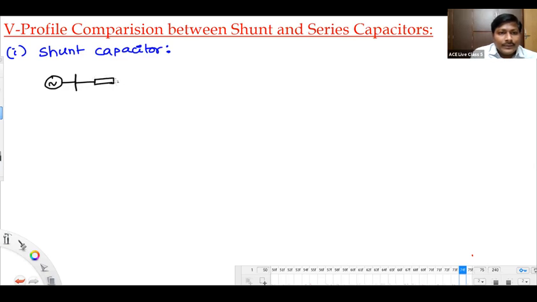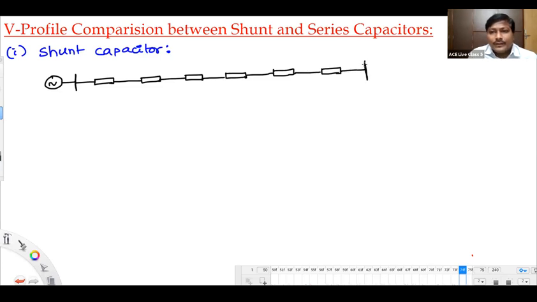Let us convert the total series impedance into a number of sections. So we have series impedances 1, 2, 3, 4, 5, 6. Each and every impedance value is equal, Z. And this is the receiving end side.